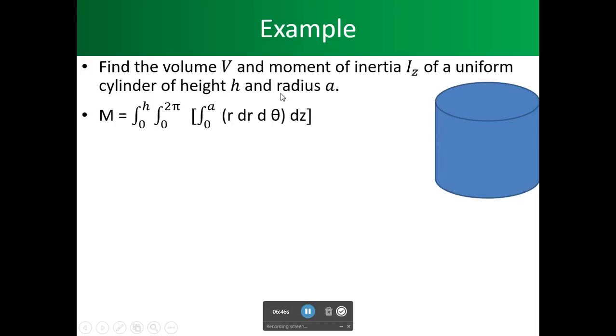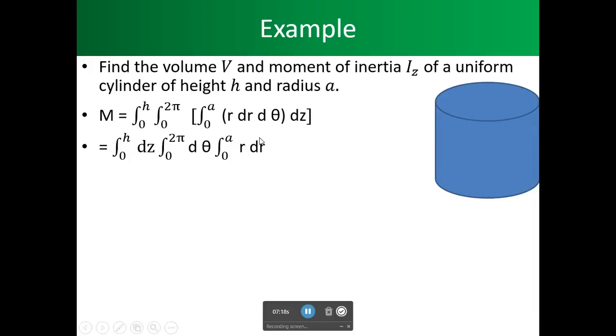This is the formula that we will be using, and this remembers our dV. We were told that we have a height of h, from 0 to h. We have also a radius. Since it's a circle, theta goes from 0 to 2 pi, and we have a radius from 0 to a.